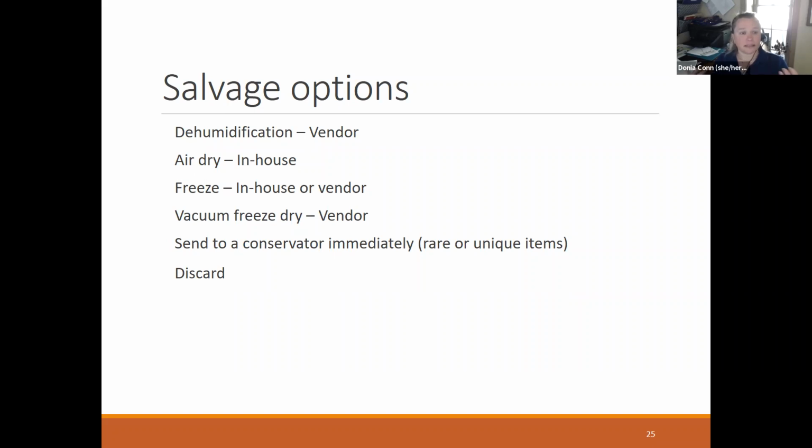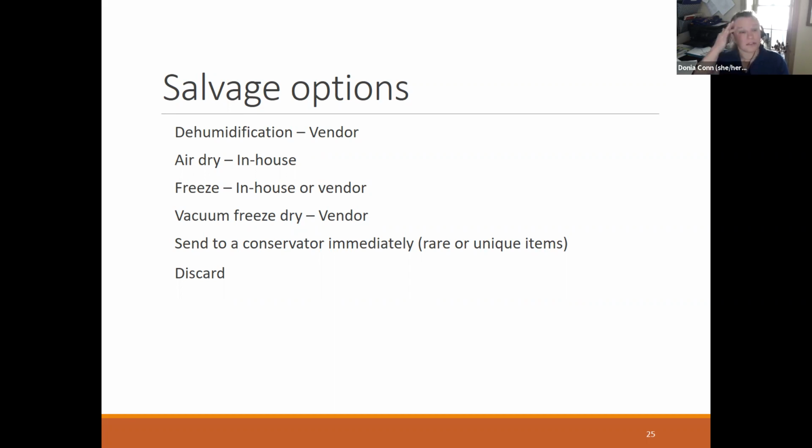You could take the salvage option. Another good salvage option for in-house work is air drying. As we were talking about with the library in Ketchikan, how much space are you going to need to set up those books? What blotter are you going to need for those books? Do you have a space that's actually dry to set them up in?